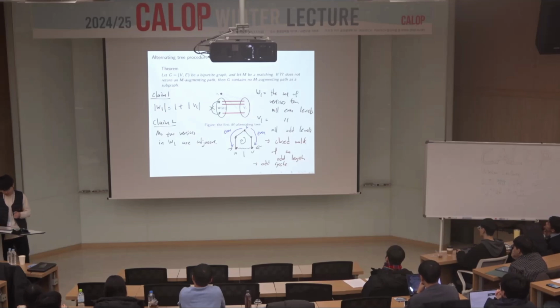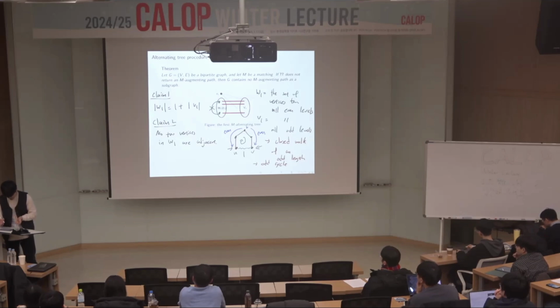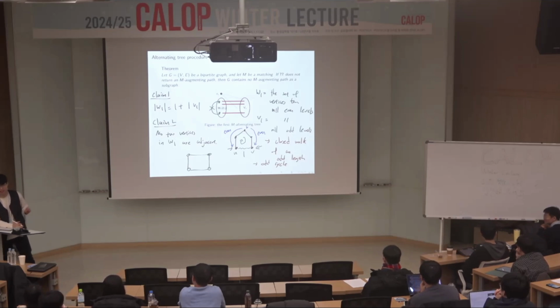I had dinner with the organizers of this event last night, and one student got this question wrong. Basically, you have this cycle, and this doesn't look like a bipartite graph, but this has to be bipartite. That's because there's no odd cycle in there.